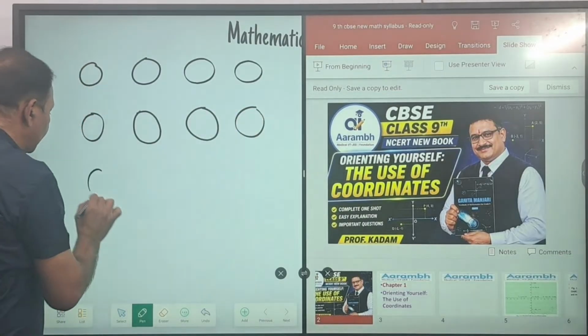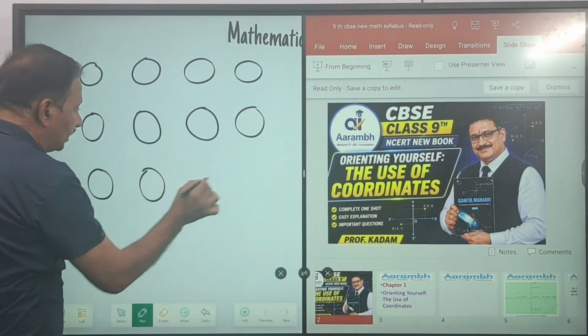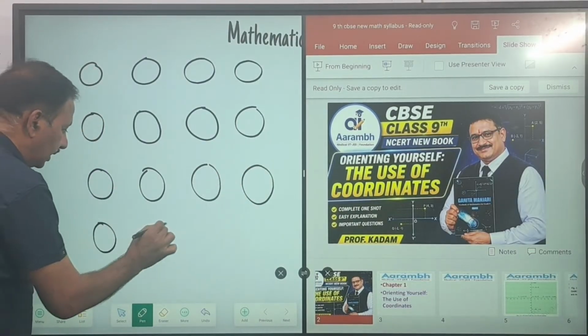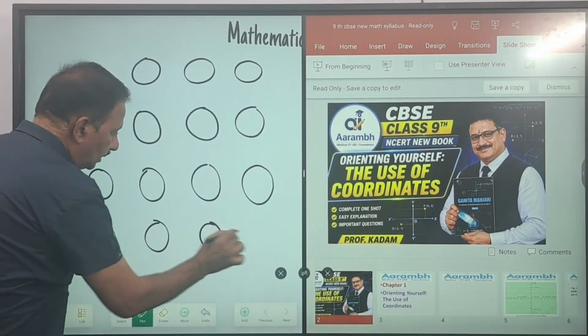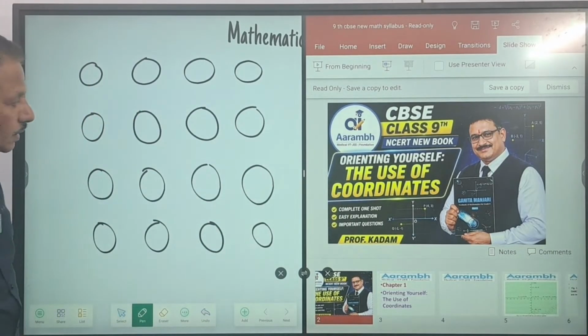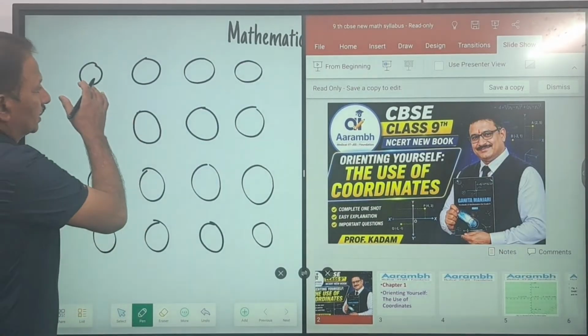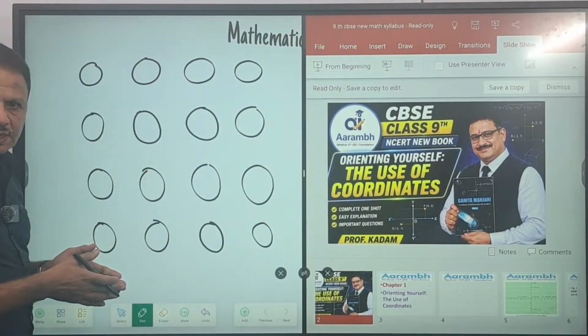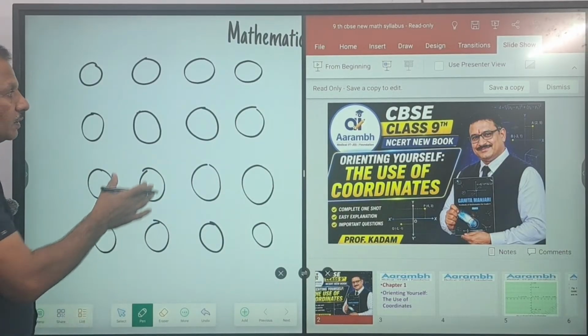We are understanding the concept of coordinate geometry, how it is used in our day-to-day life. We will find that there are 16 students sitting in the class.